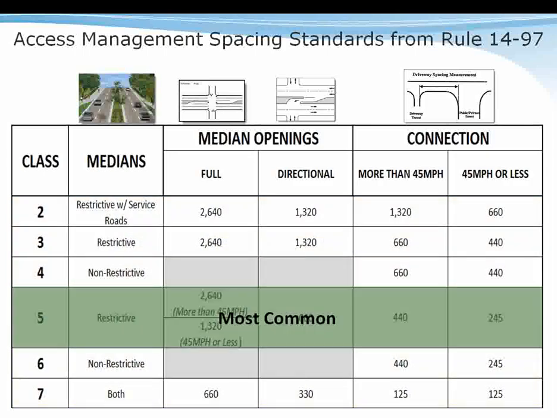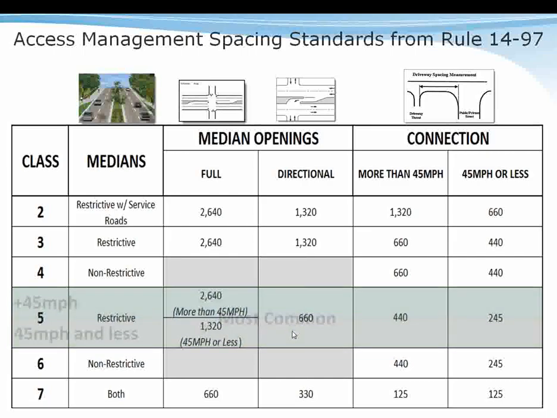The most common of the classes in Florida is the Class 5, and as an example, Class 5 has a requirement for a restrictive median. That means not a two-way left turn lane, and full median openings that are 2,640 feet from each other, and if it is 45 miles an hour or less, it is 1,320 feet.